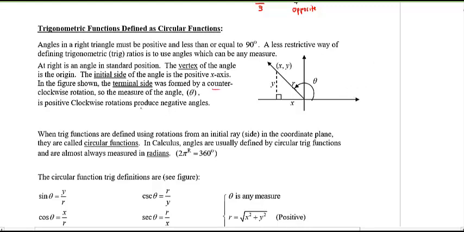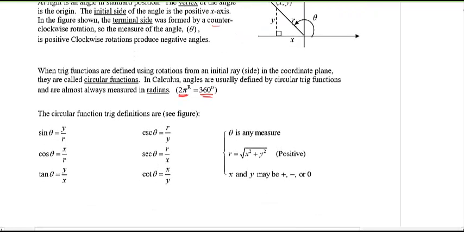So all this stuff I hope you remember. Then I think we talked about this idea of one rotation of 360 degrees, and that's equivalent to 2 pi radians.